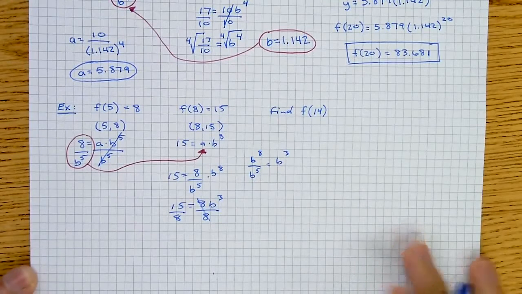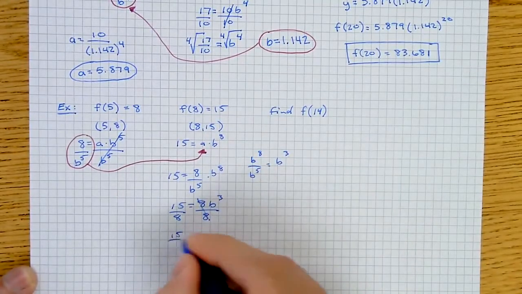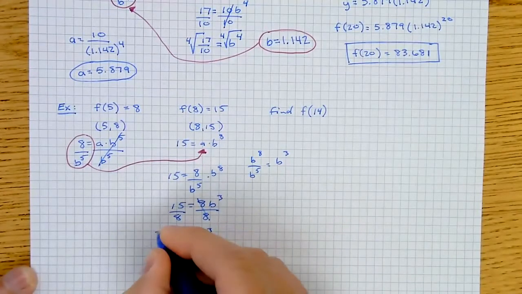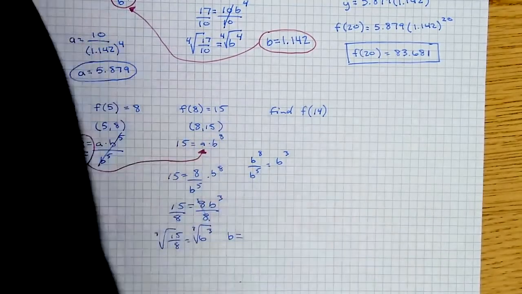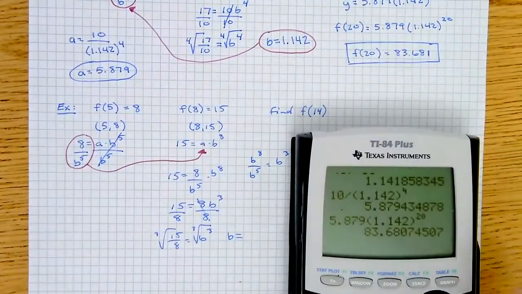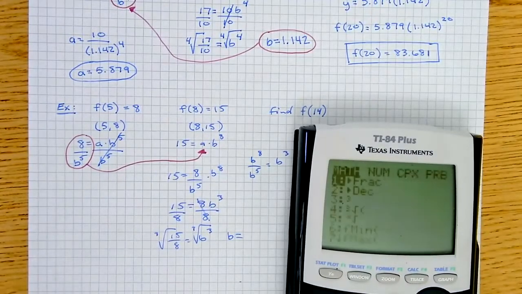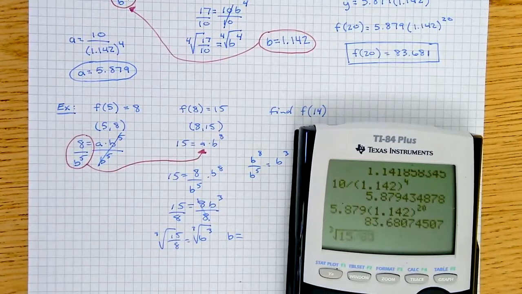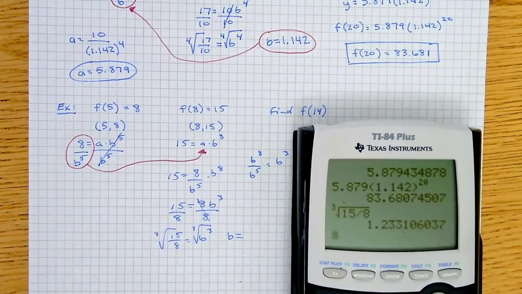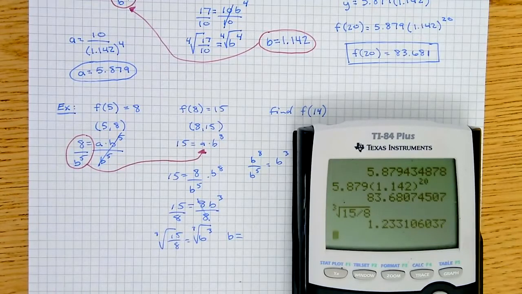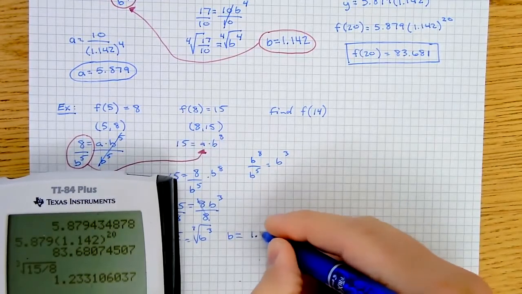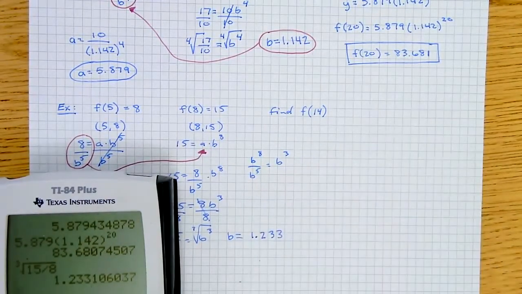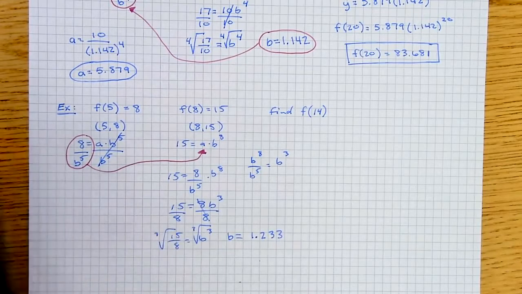Divide both sides by 8. Okay, we get a b value of about 1.233.